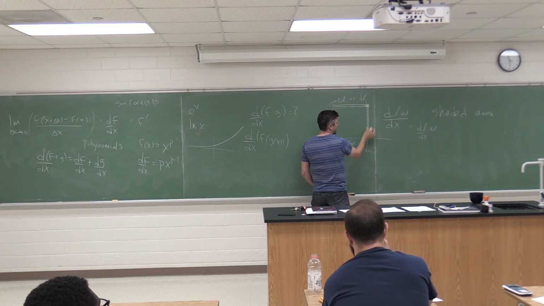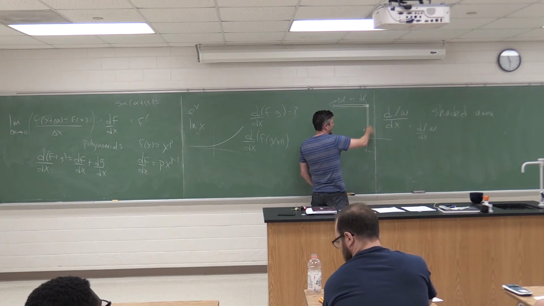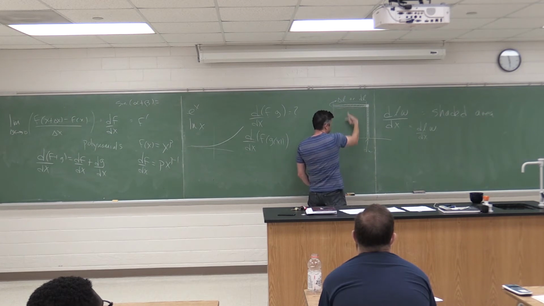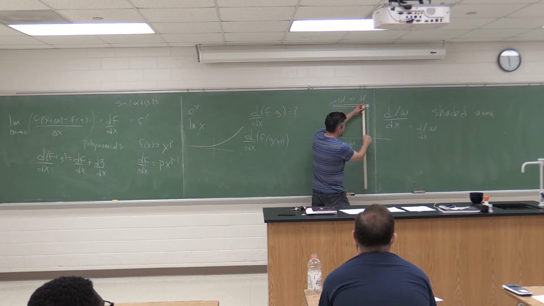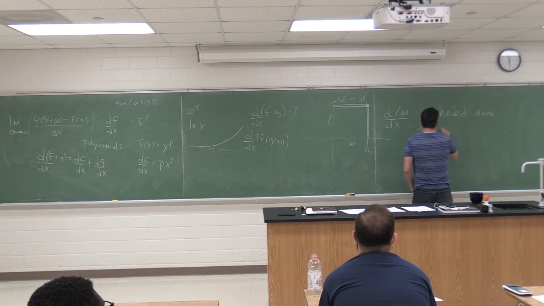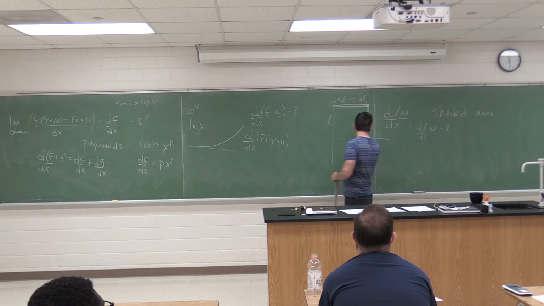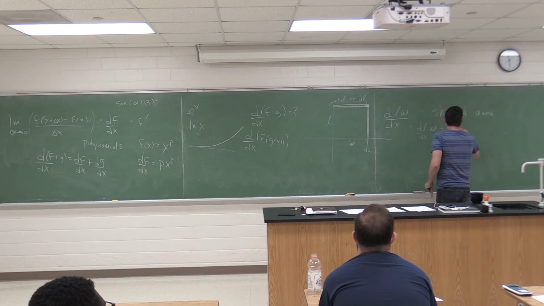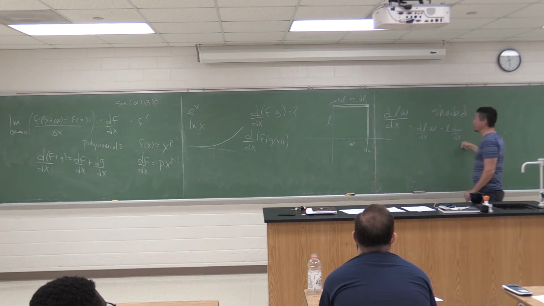And what about this piece? What's its length times width? What's the length? Length. It's L. And then what's its width? dW. And again, this is a variation with x.